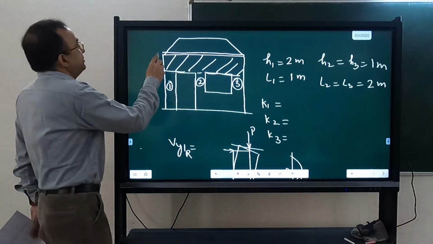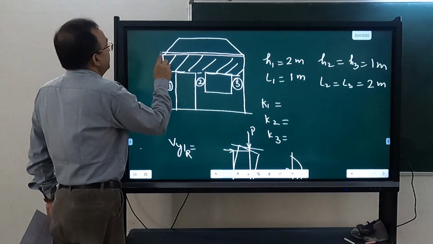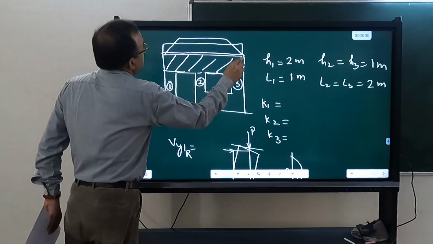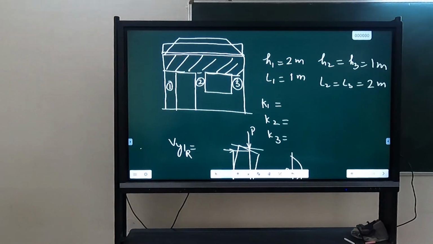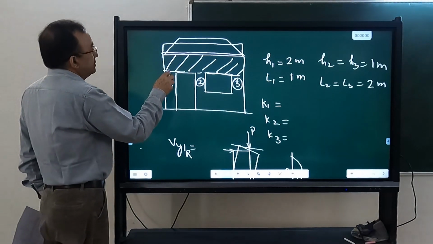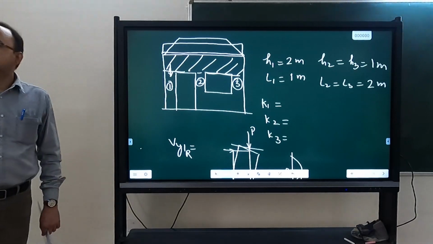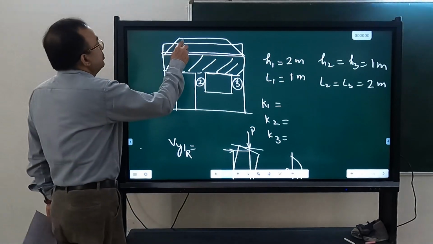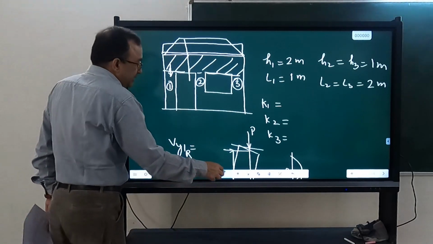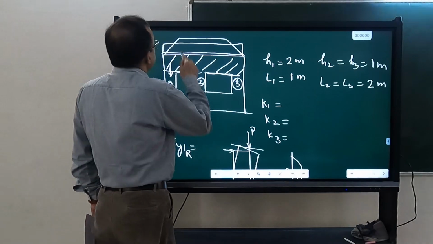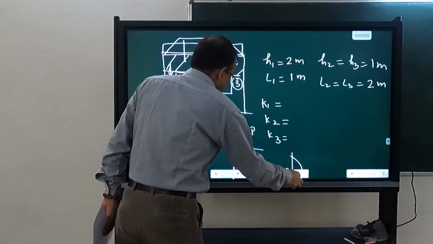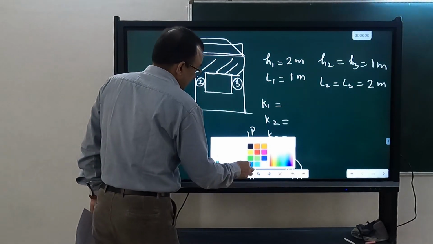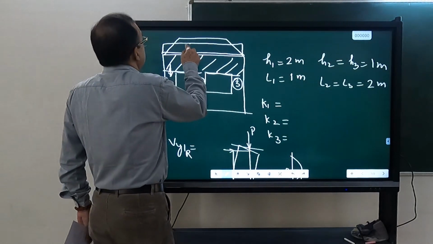How will you distribute? Let's replace that load by an equivalent UDL. The total load I will divide by the total length. So how do you get the actual force in this pier? Reactions of these. How will you obtain the reactions? You just take this tributary length, center of opening.